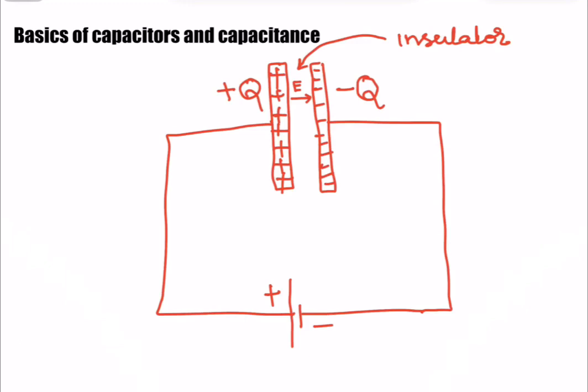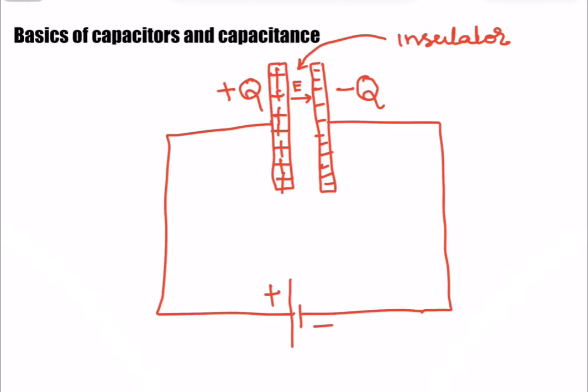Now, when the two metal plates separated by air or vacuum are connected to the two terminals of a battery, charges develop on the plates. It is found that the two plates get equal charge. One plate gets plus Q charge and the other plate gets minus Q charge. And there exists an electric field in between.